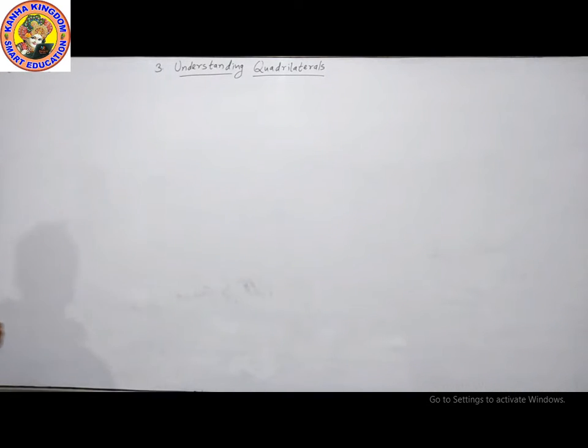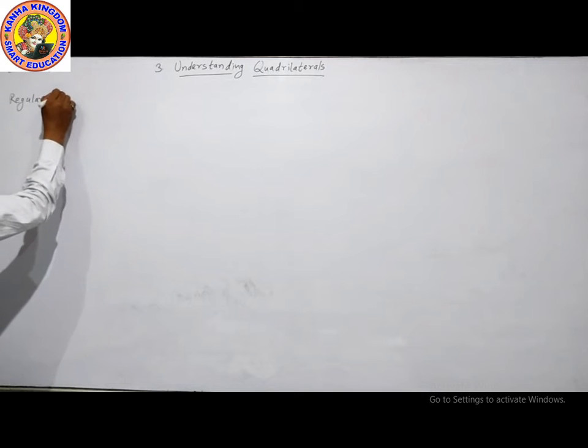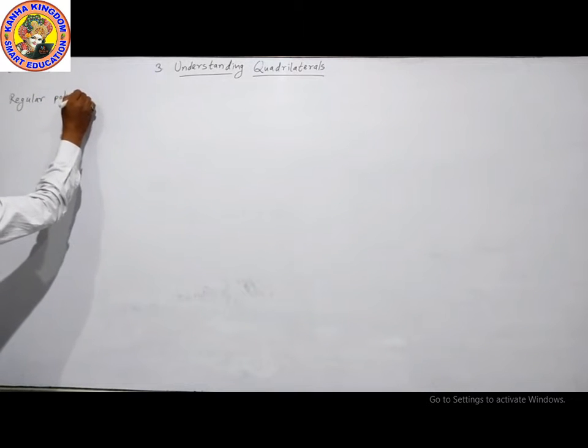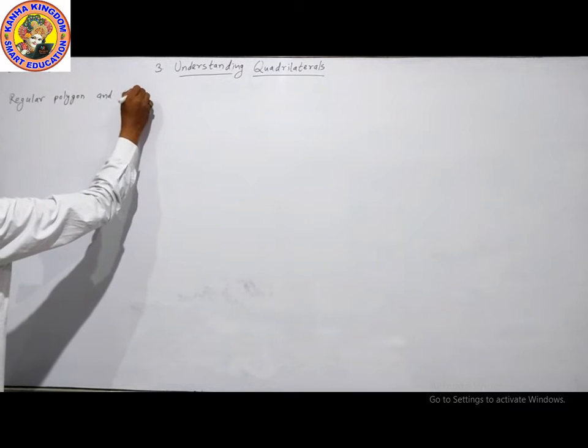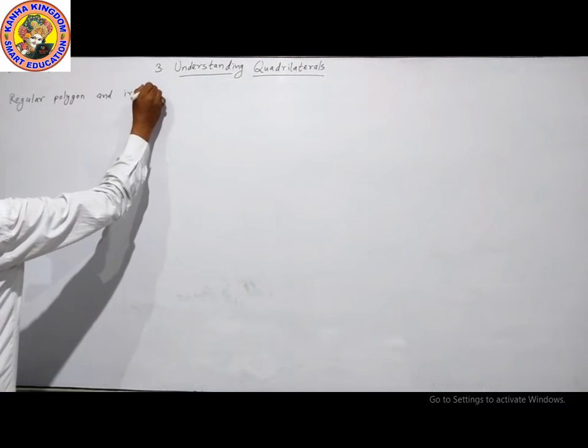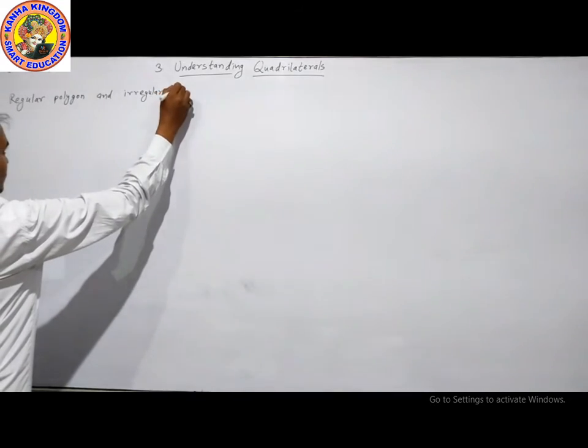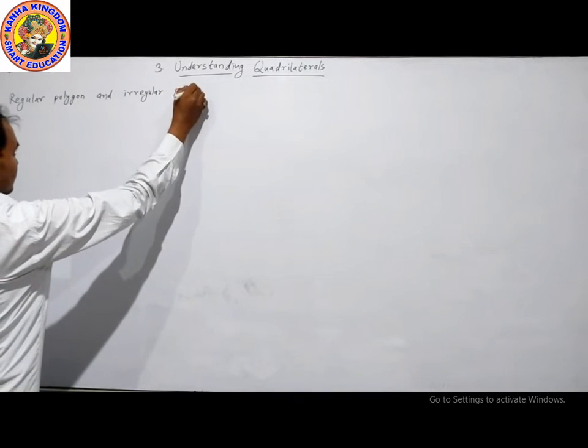Our next definition is regular and irregular polygon.